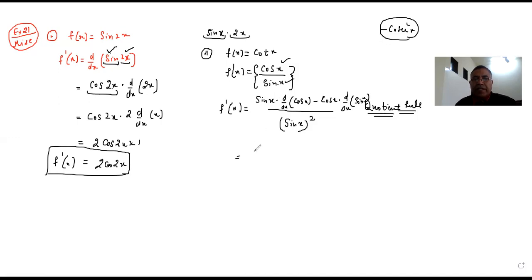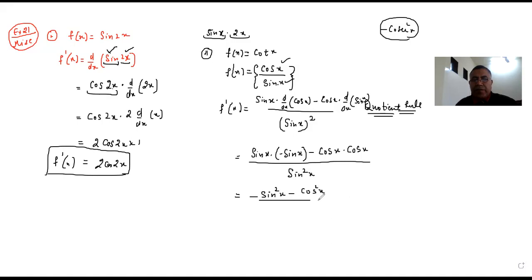अब देखिए sin x as it is, derivative of cos x is minus sin x. When I will write minus, I will put it in bracket, minus cos x as it is, derivative of sin x, cos x. This is sin square x. So which is minus sin square x minus cos square x upon sin square x.